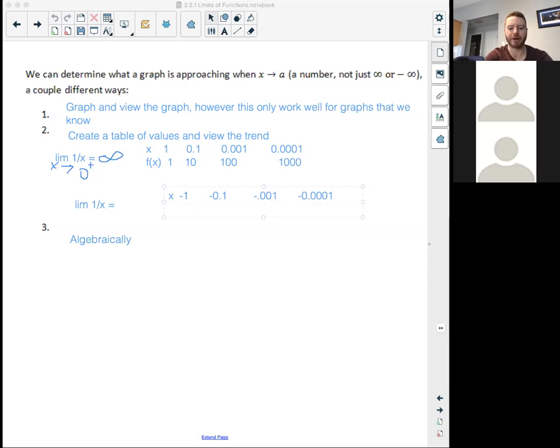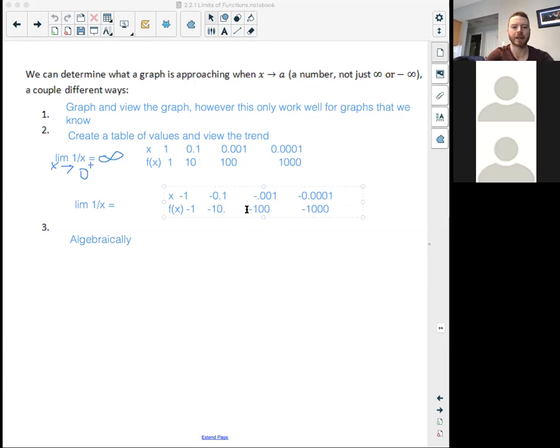And again, we're going to do f of x underneath that. So when x is equal to -1, we get -1 again. And then we get -10 here. And you guys get the point here. And then we get -100 and -1,000.